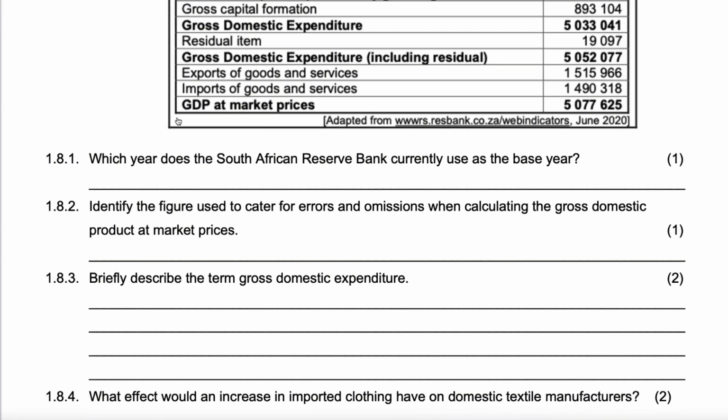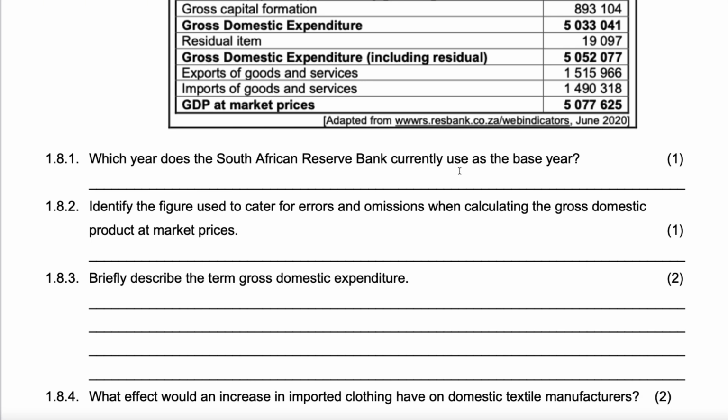Which year does the South African Reserve Bank currently use as the base year? Well, currently is as of today. And what's the date? Today is the 8th of August 2024.